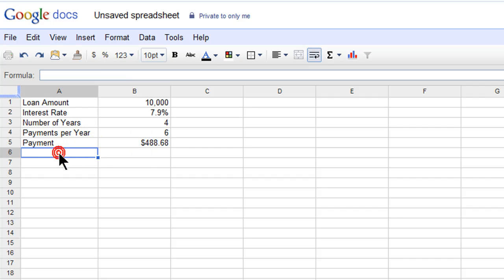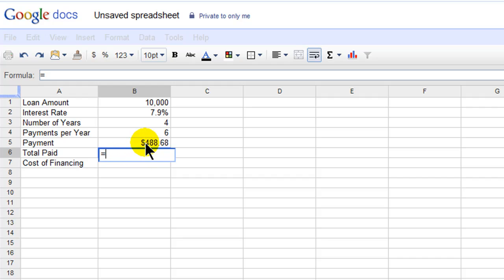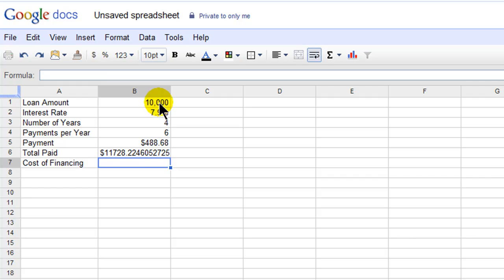For a little bit of extra information, let's go ahead and plug in total paid and cost of financing. Okay. So for total paid, it's going to be equal to your payments times the number of payments per year times the number of years you paid it. This number should always be more than your loan amount.